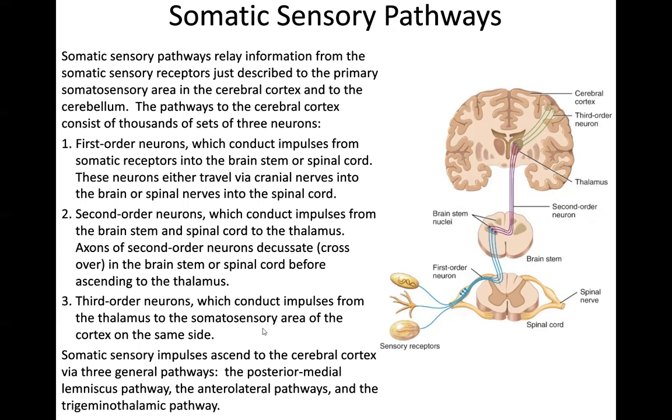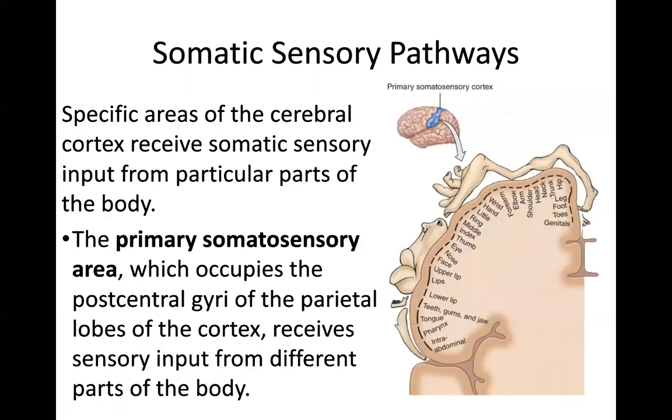If you remember, the somatosensory area was one of those functional areas of the cerebral cortex, not the primary visual area, not the primary auditory area, but specifically the primary somatosensory area. The three general pathways that carry these somatic sensory impulses are what we call the posterior column-medial lemniscus pathway, the anterolateral pathway, and the trigeminothalamic pathway. Not that you really need to know that.